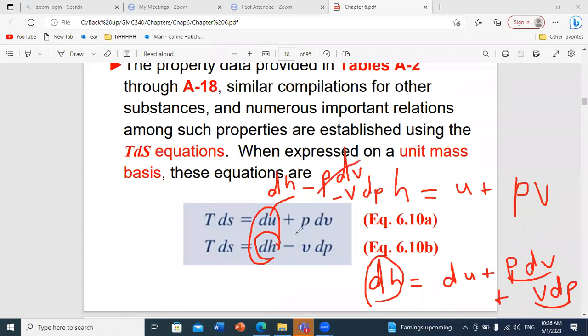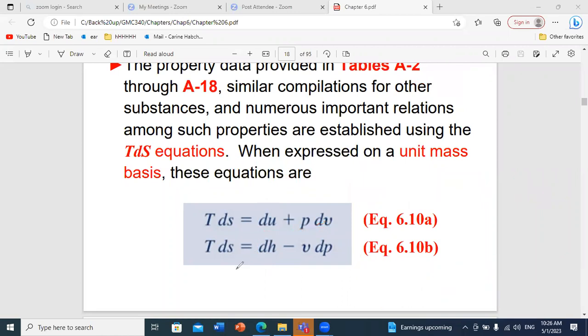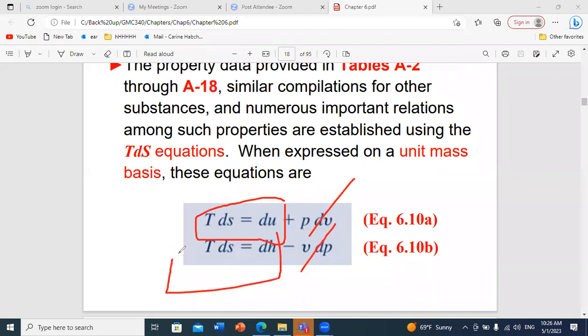Minus PdV plus PdV, you will just have dH minus VdP. So these two relations are both right, and which one to use depends on the configuration. When I have constant volume, this term will drop, I will use this. When I have constant pressure, this term will drop, then I will use this. And we'll see together how to apply these formulas in the coming slides.